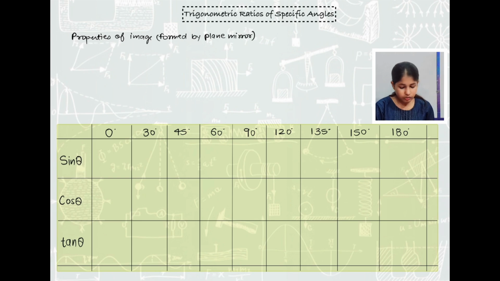Formed by a plane mirror. It is important to understand that it is a plane mirror.